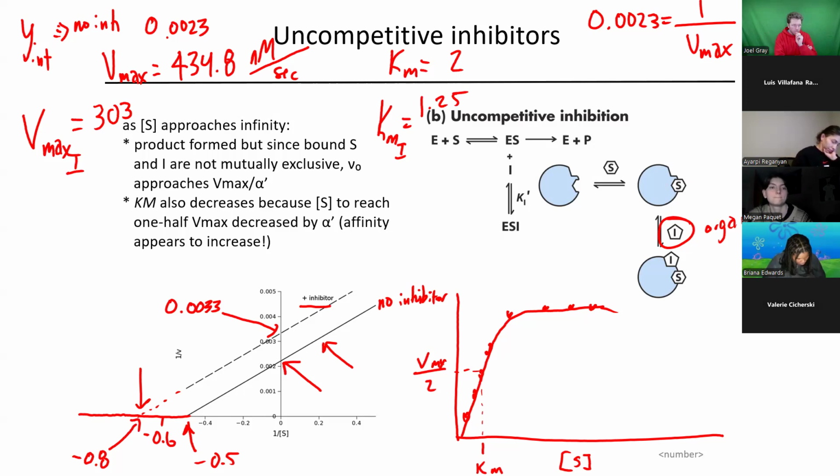Okay, now what does that mean for each one of our numbers? Our Km, and I'll just call this millimolar, I'll give some units there. My Vmax, do I have the same units? Yeah, nM per second.